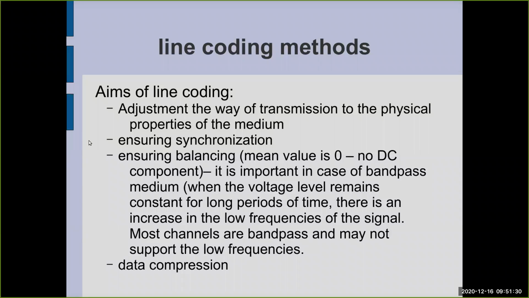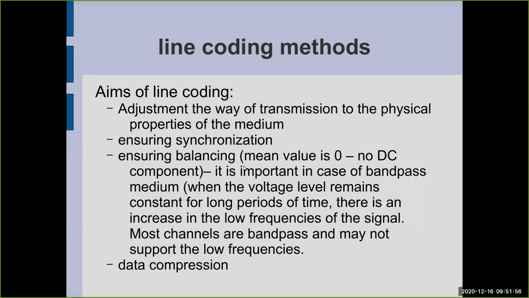The second very important topic is synchronization. Sometimes the purpose of line coding is not only to send a string of bits, but to ensure synchronization. I will tell you something about synchronization in a moment.